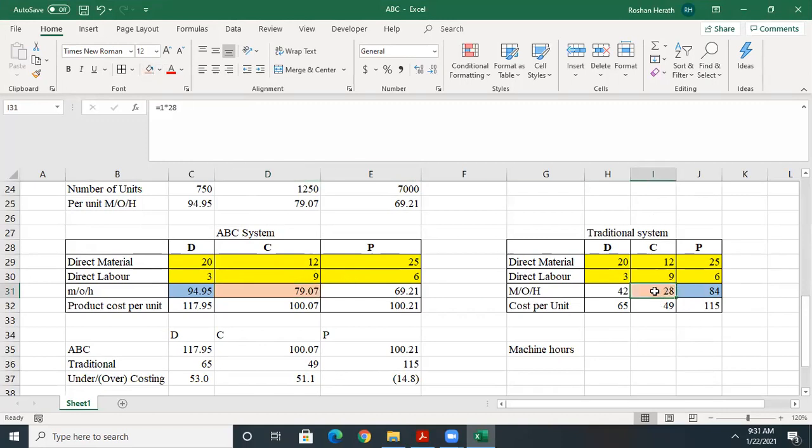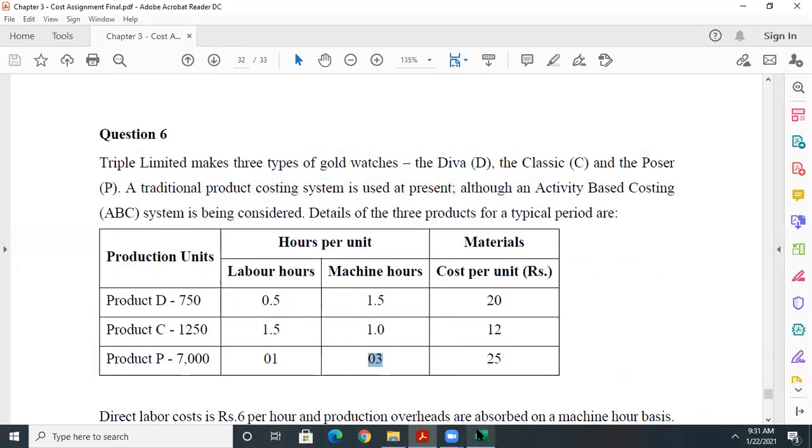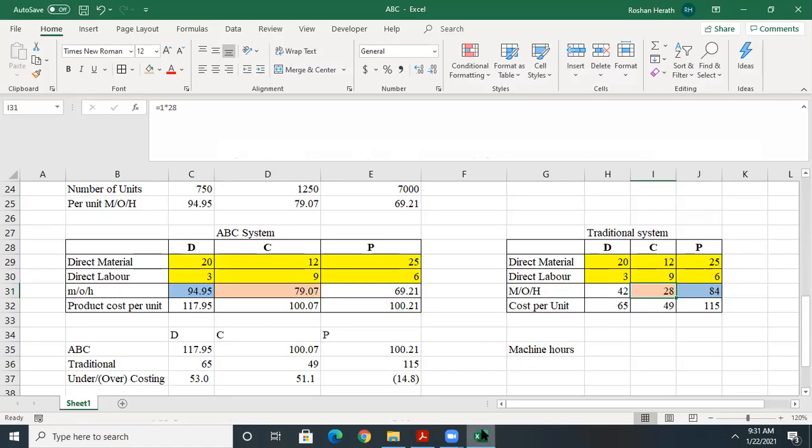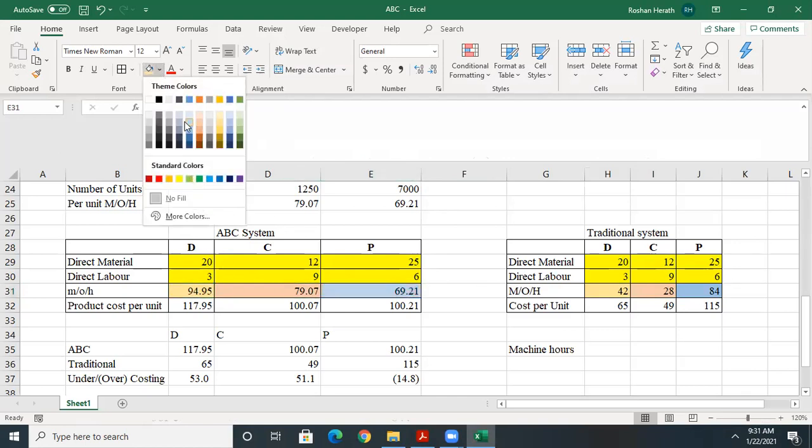But in contrast, we have simply taken 28. It's simply because when it comes to machine hours consumption, it was just 1 hour. Similarly here also the same. Here we believe it was 1.5, but when you work the things out, considering the 4 cost drivers, that should not be the case. So that is the scenario.